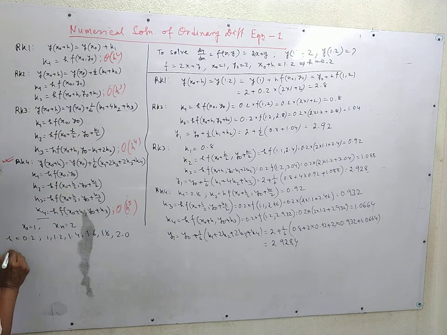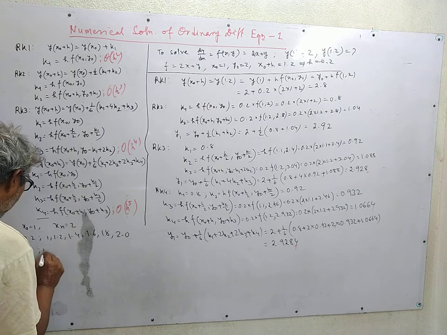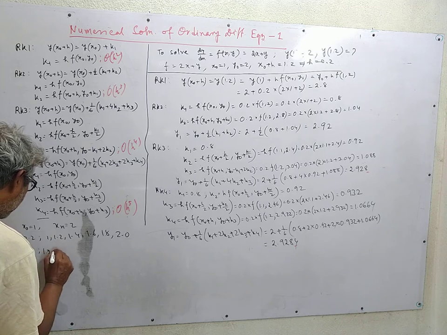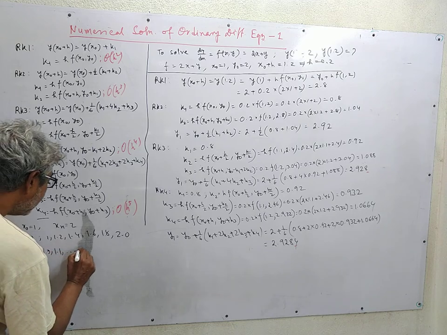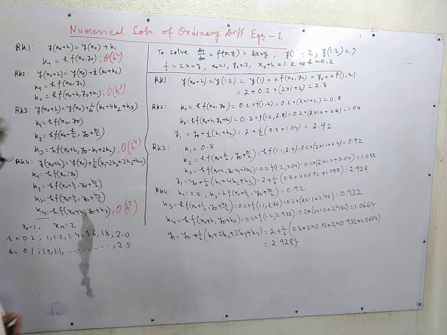Now we set say h is equal to 0.1, and we get the value at 1.0, then 1.1, and in this case we land up ultimately at 2.0.